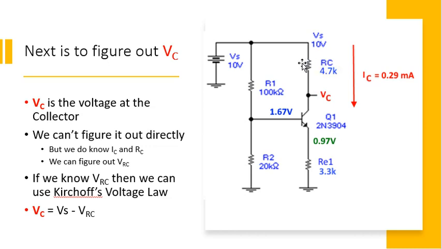If we know that voltage, we can use Kirchhoff's voltage law. Kirchhoff's our old buddy, and he says basically if you start with a voltage, any voltage, and we drop a voltage across a collector resistor, then whatever's left over is going to be our collector voltage. So start with 10 volts, we're going to lose some here, and whatever's left over has got to be our collector voltage.